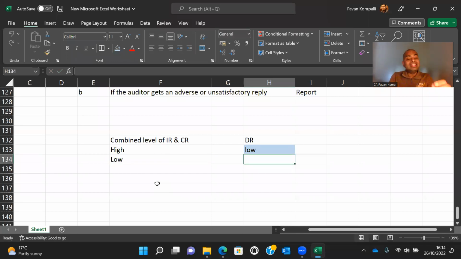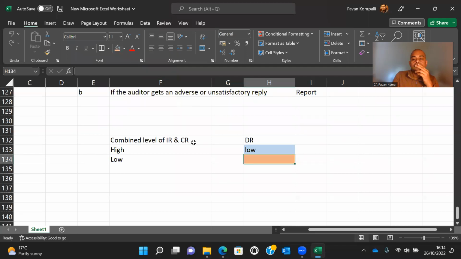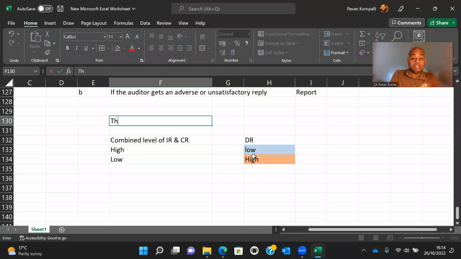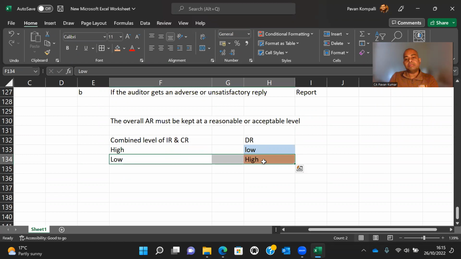If this is low, this can be high. The overall audit risk must be kept at a reasonable or acceptable level. So this combination will result in overall audit risk at an acceptably low level.